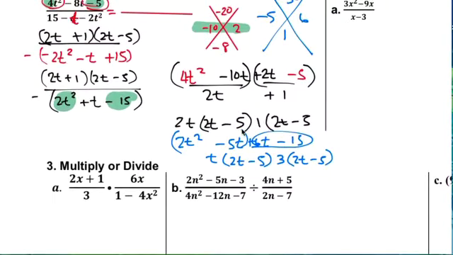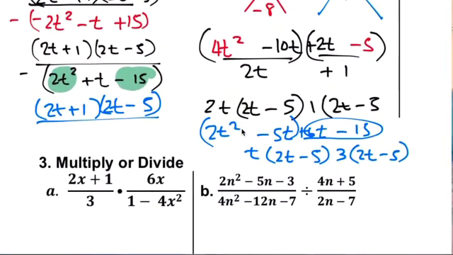So your factor for the denominator is, so your numerator is still 2t plus 1 and 2t minus 5. The denominator is a negative, then that t, in parentheses, 2t minus 5, 2t minus 5 and t plus 3.